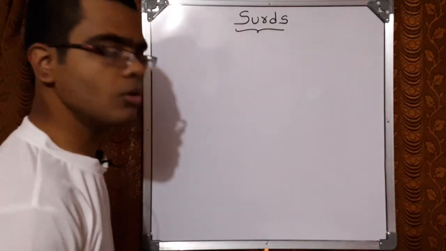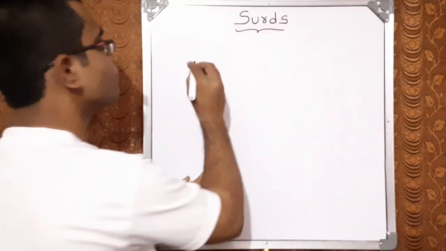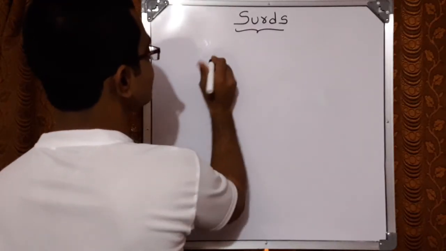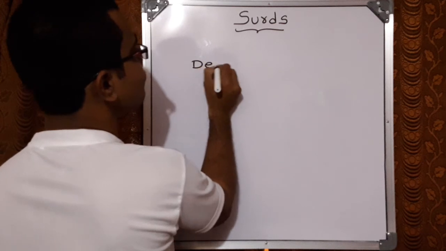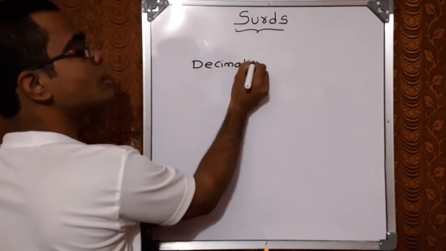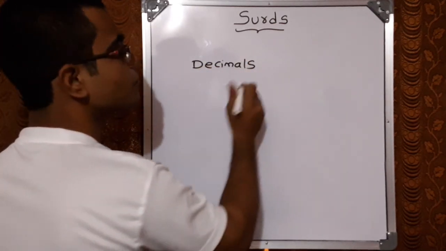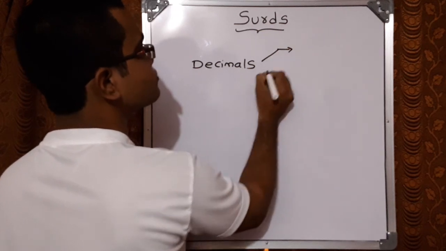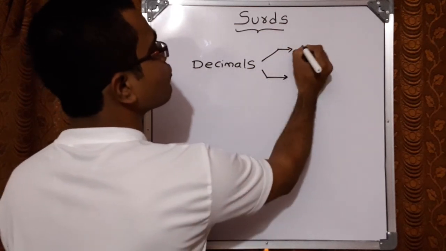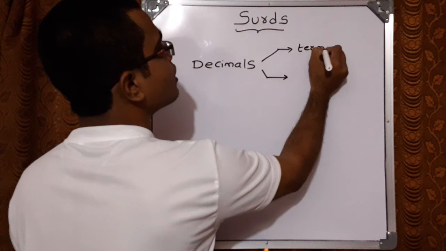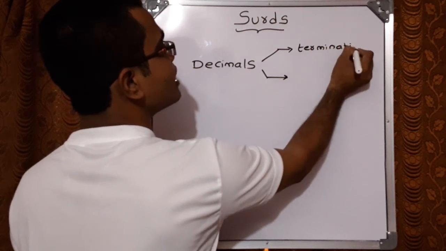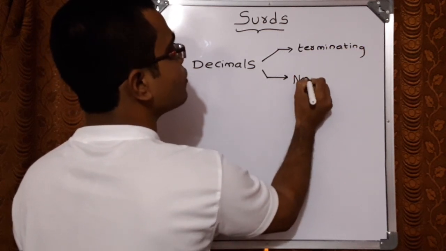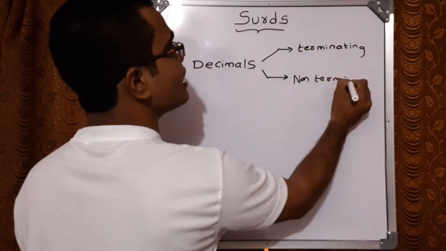So we all know what is decimals. Okay, let's discuss something about the decimals. See, we have two types of decimal numbers, that is terminating decimal number and non-terminating decimal number.